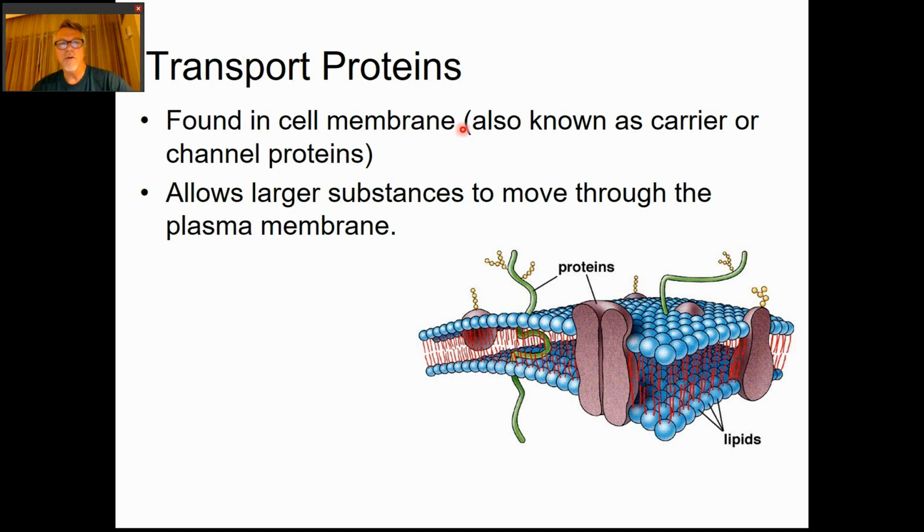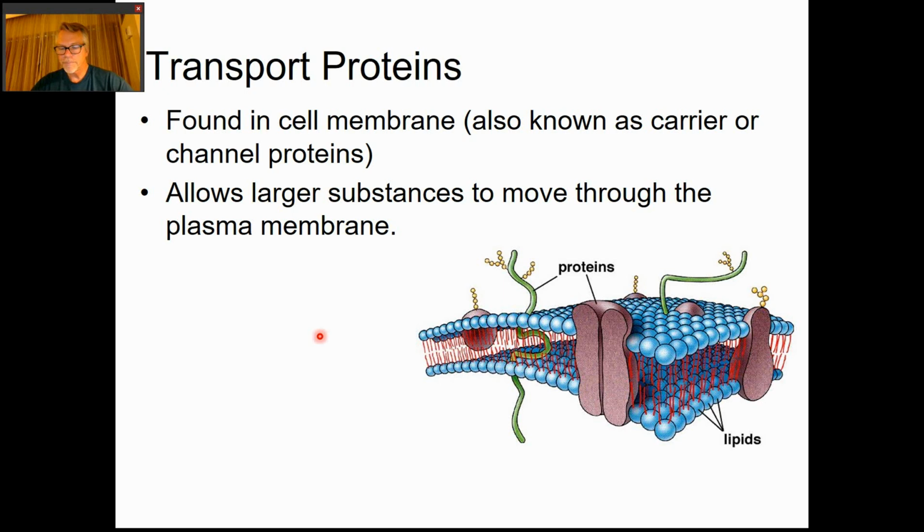So transport proteins are found inside cell membranes, so this is a transport protein. They can also be called carrier proteins or channel proteins, and we'll get to the difference in those in a couple of minutes. The purpose of a transport protein, either carrier or channel, is to allow large substances to move across the membrane.